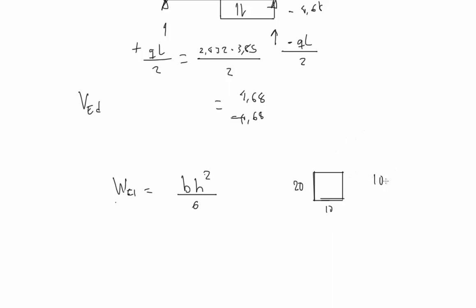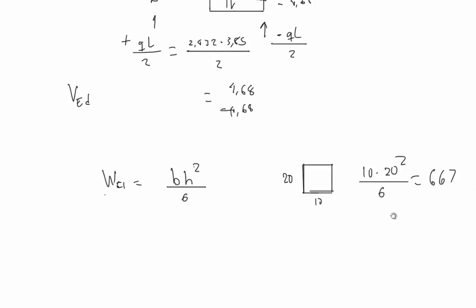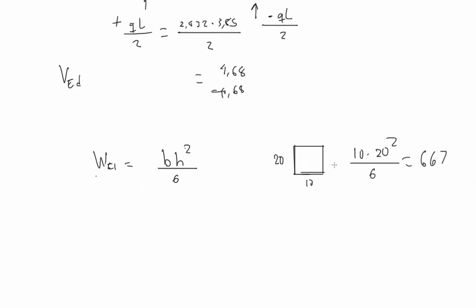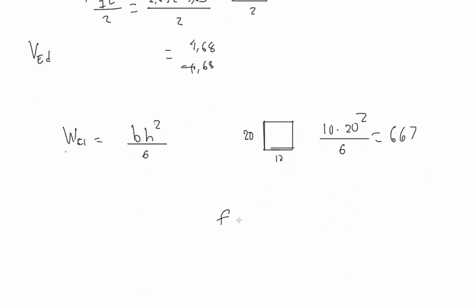So 10 times 20 squared divided by 6 gives us, let's see, 667 rounded, and with that we have to multiply by the value depending on the material. So that's what we said before. The FMD of C18, which is this one, the type of wood, right?